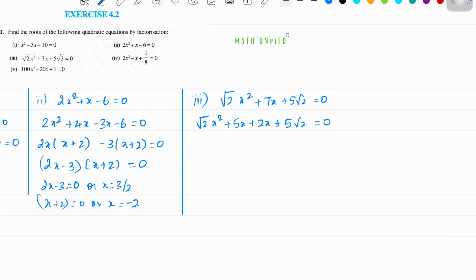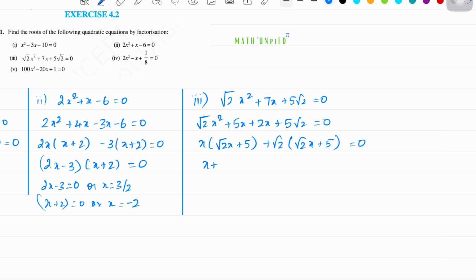And now this will be x times root 2 x plus 5 plus root 2 times root 2 x plus 5. You have to be a little careful here. So we'll check. Root 2 into root 2 x will give 2x, which is right, and root 2 into 5 will give 5 root 2. So this is correct. So we'll proceed further.